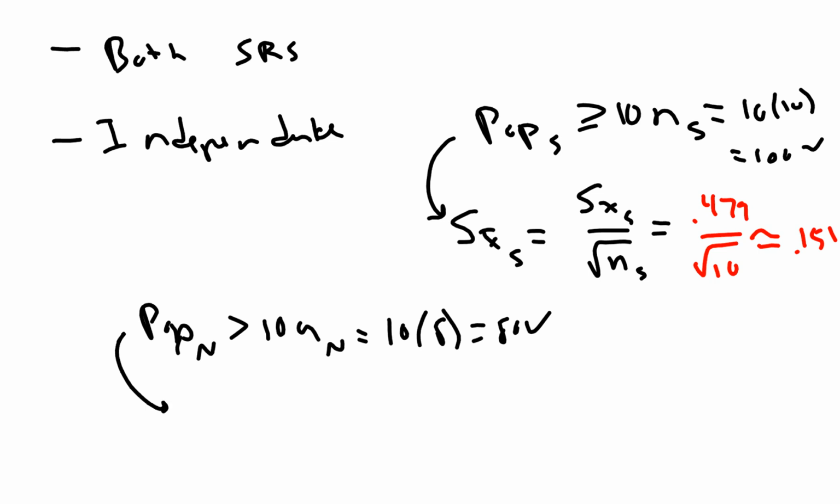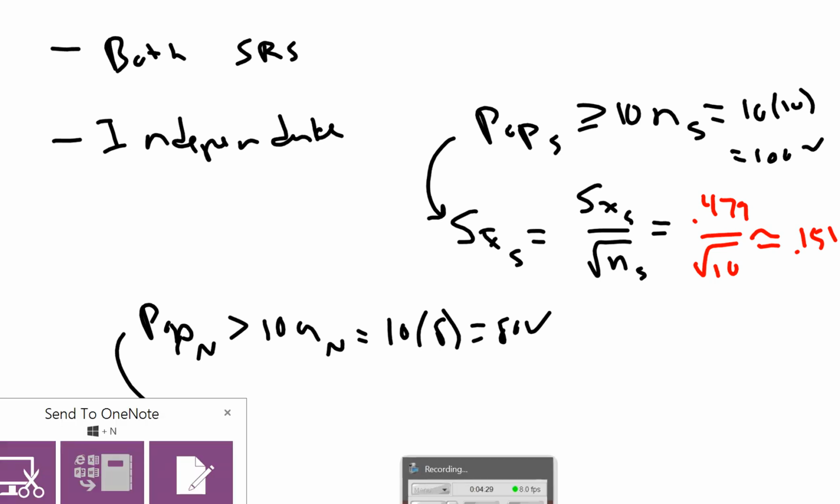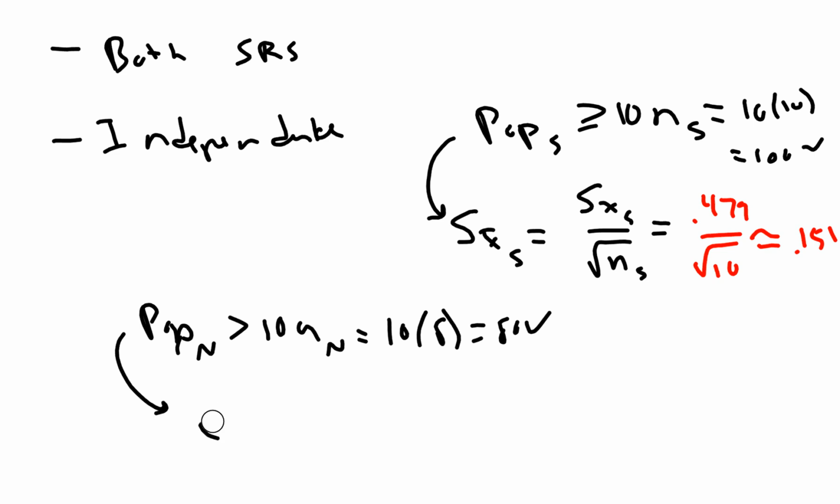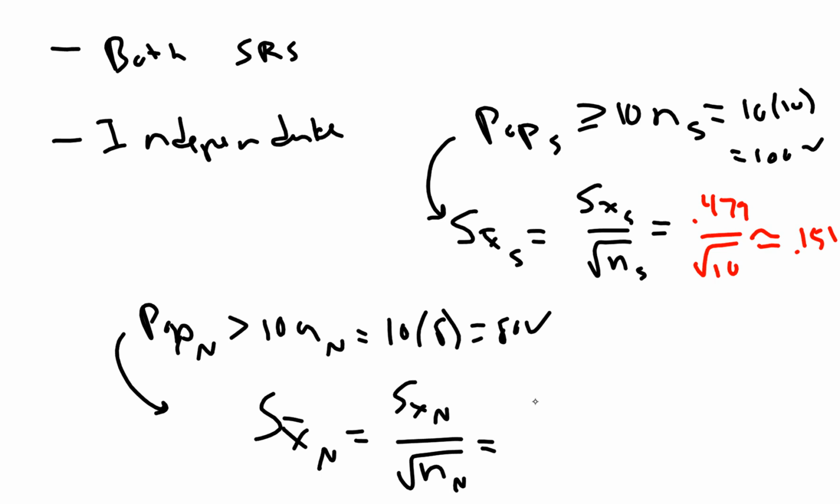And if that's true, then we can say that the standard deviation of x bar for the novice rowers would be the standard deviation of the novice rowers over the square root of the sample size of the novice rowers.